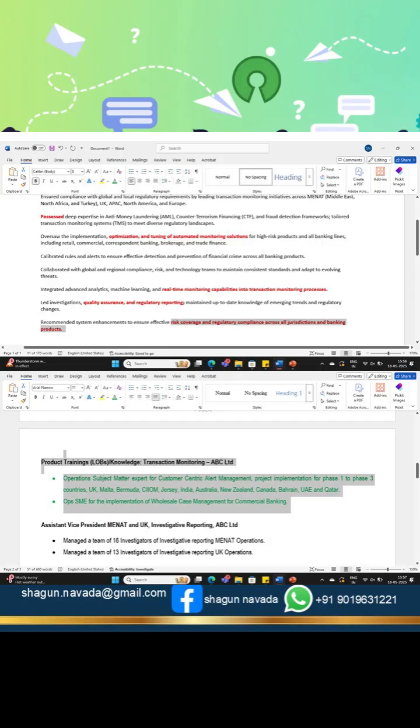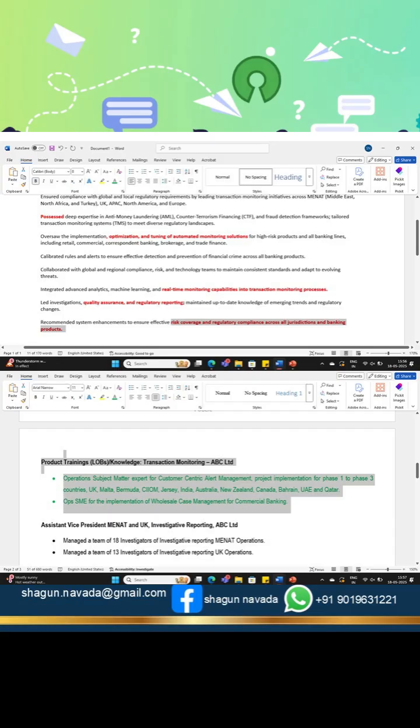Believe me, none of the recruiters have so much time to go through such a lengthy resume. Now, what you see in front of you is very short, highlighting everything in just two bullet points. So this is what I call an effective output, which is easy to read, easy to understand, and a true reflection of the work you have done in the past as a subject matter expert, in this particular case with ABC Limited, and those are the regions or countries.